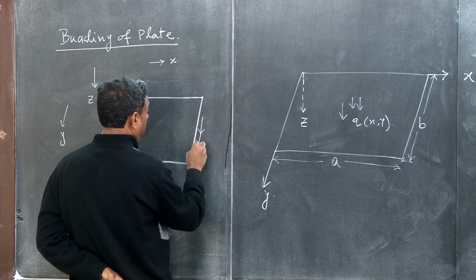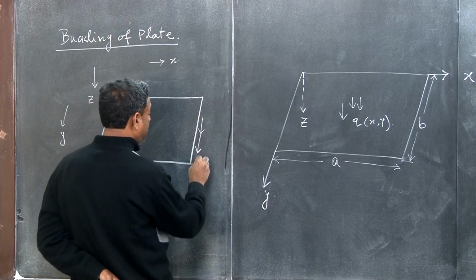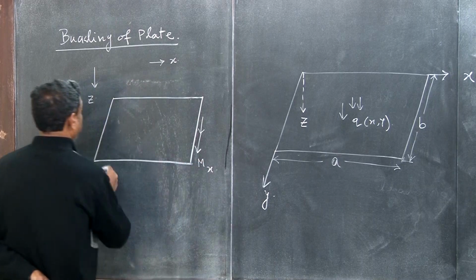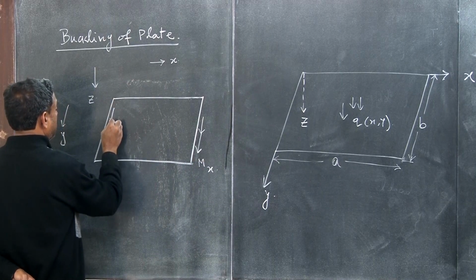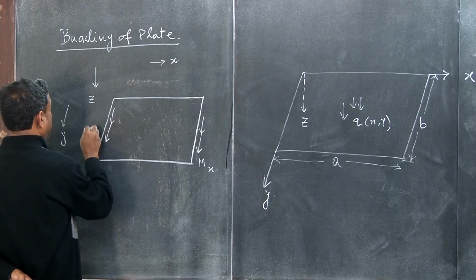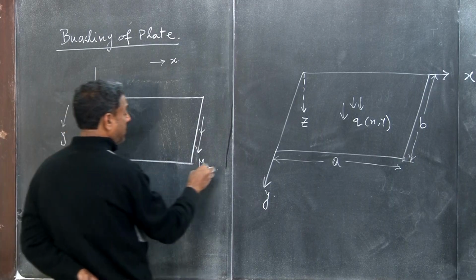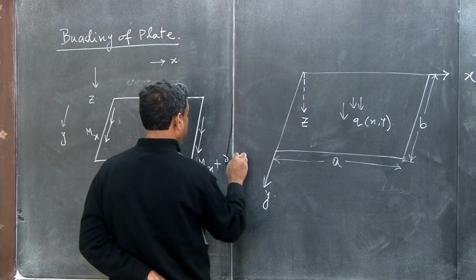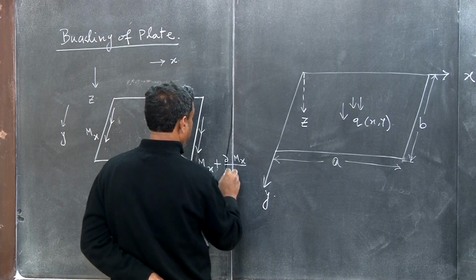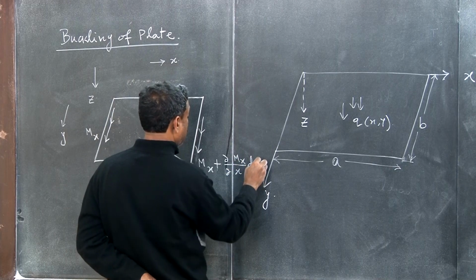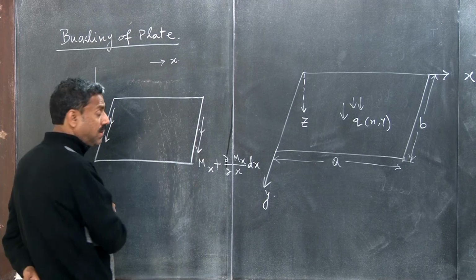So we are using double arrow for the bending moment Mx. Here it will be Mx plus del Mx by del x dx, right?